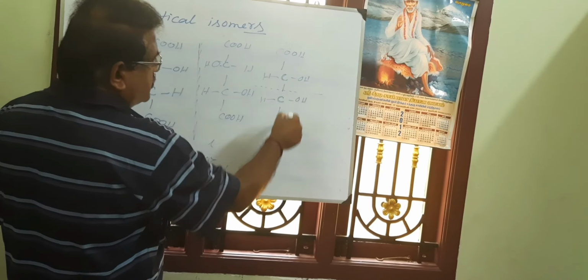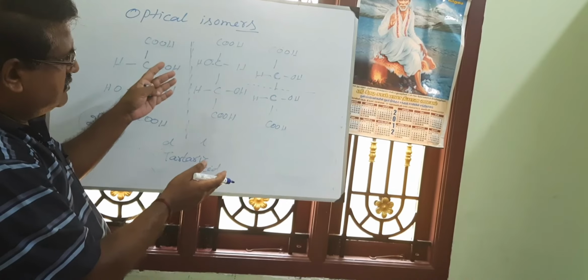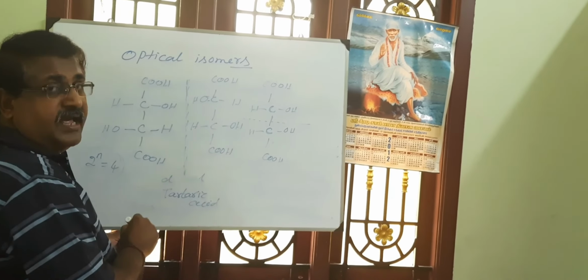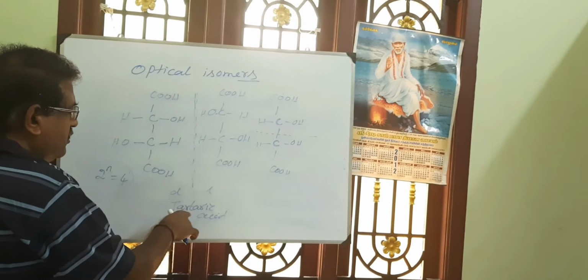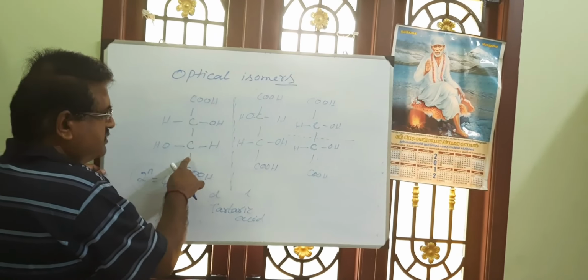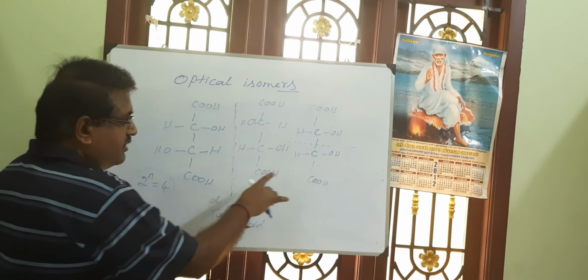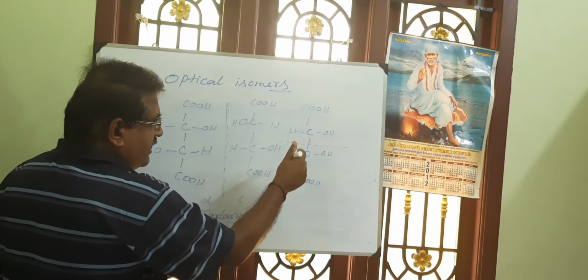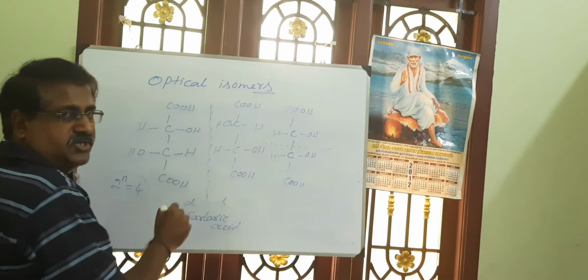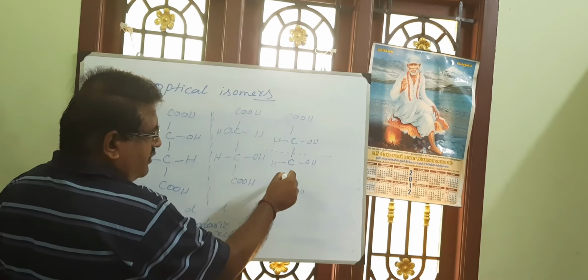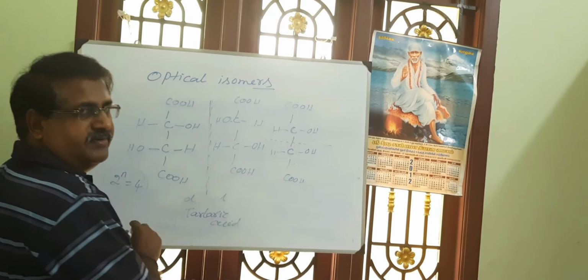You can divide this molecule into 2 equal halves. Because of this, this form is optically inactive. Though the tartaric acid has 2 chiral carbon atoms, we will not have 4 optical isomers of this compound because one of the forms has a plane of symmetry. Because of the plane of symmetry, this compound will not exhibit optical activity.